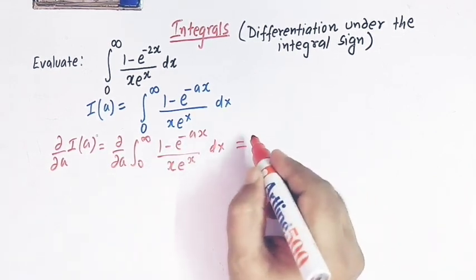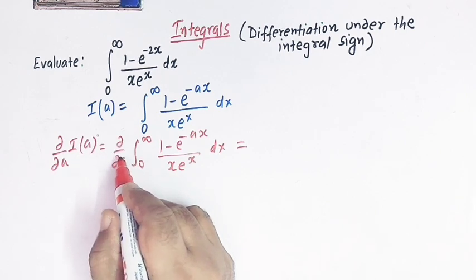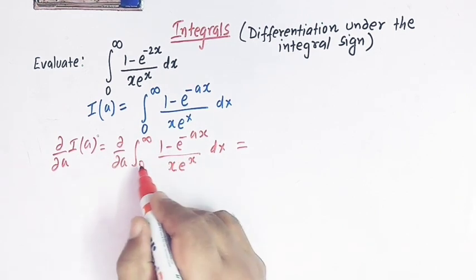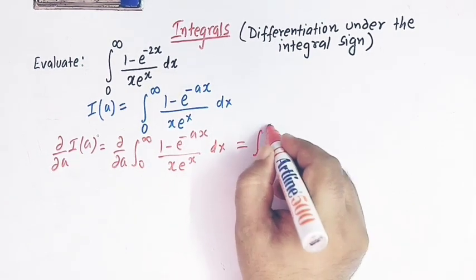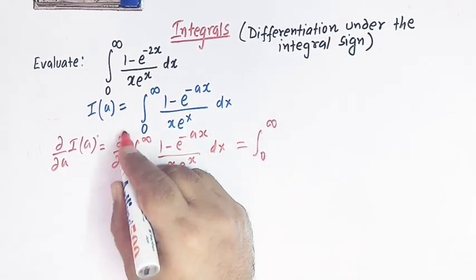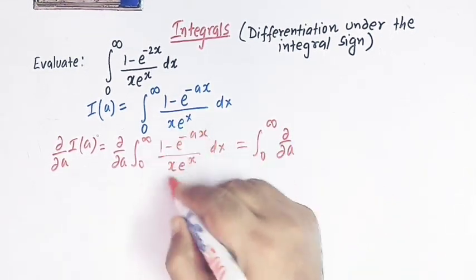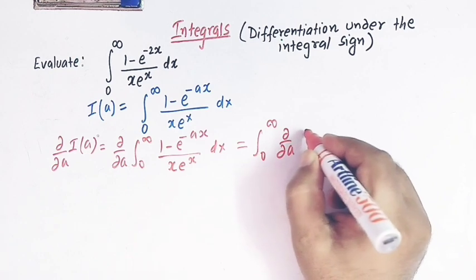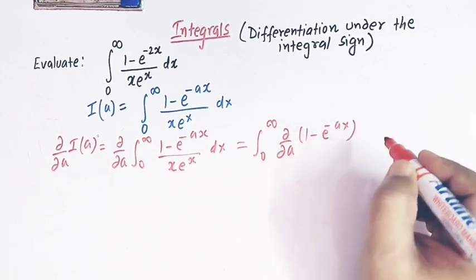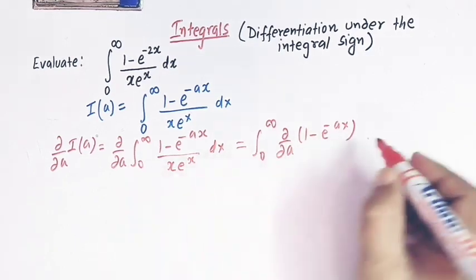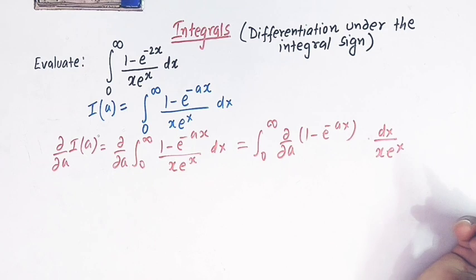Now see, we can take this operator, ∂/∂a, inside the integral sign. So we can now write 0 to infinity, and take ∂/∂a inside the integral sign: ∂/∂a of (1 minus e^(-ax)), and here we have dx divided by x e^x.